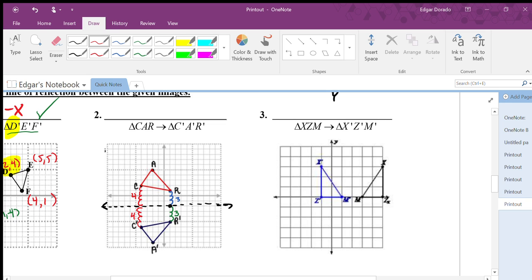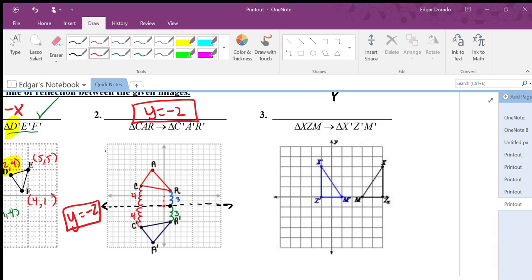Okay, so we have our line of reflection. What I need to know now is, this is what? This is y equals -2. Okay, I'm right at -2 on my y-axis, and it's a line that crosses the y-axis, so my line of reflection is y equals -2.